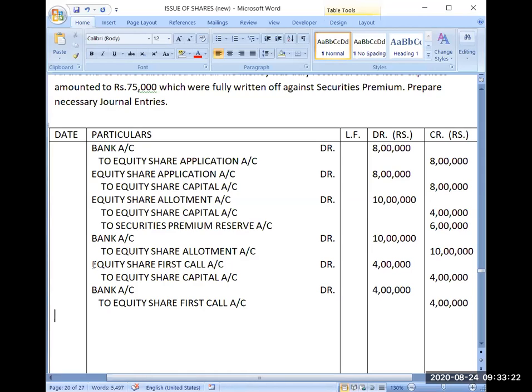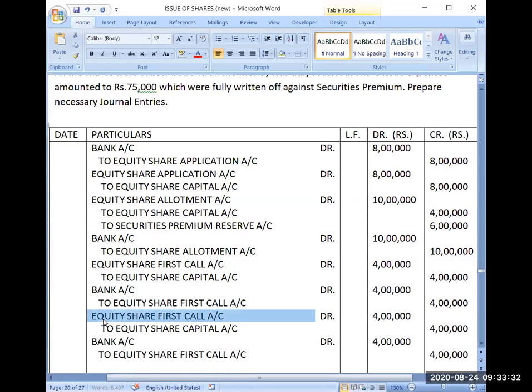Now, in the same manner, your second and final call will be due. So that's why I'm copying it. Just the name will get changed here. Second and final, you have to write it like this.